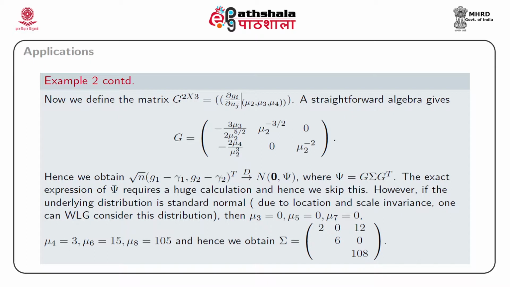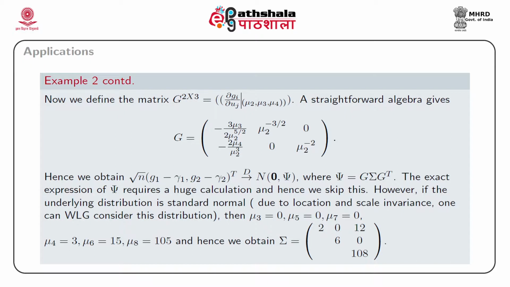However, if the underlying distribution is standard normal, then a tremendous simplification is possible, because in such a case mu3 equal to 0, mu5 equal to 0, mu7 equal to 0 and mu4 equal to 3, mu6 equal to 15 and mu8 equal to 105, and hence we obtain sigma in a very simplified form, which is a matrix with elements 2, 0 and 12 in the first row.